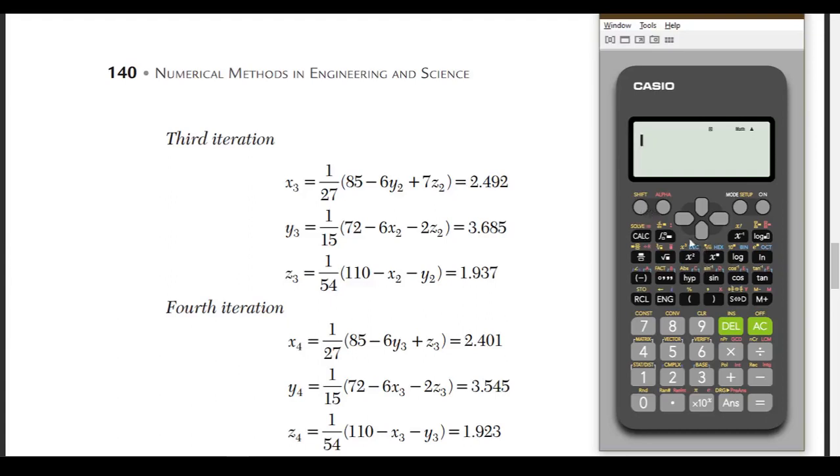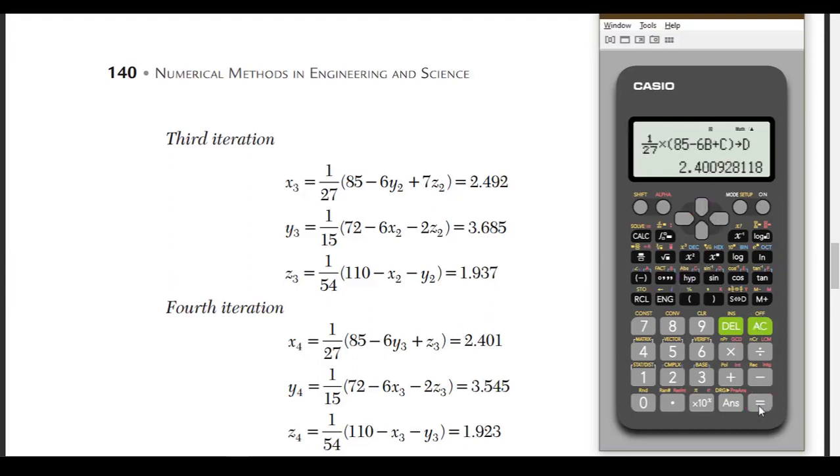Similarly, you go and assign again. D store to A, E store to B. Just press equal.